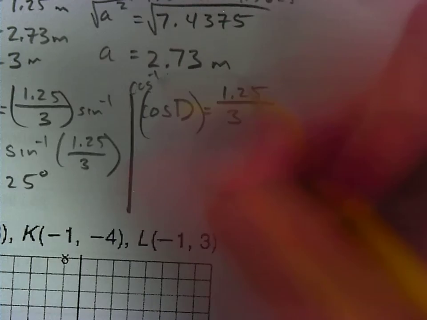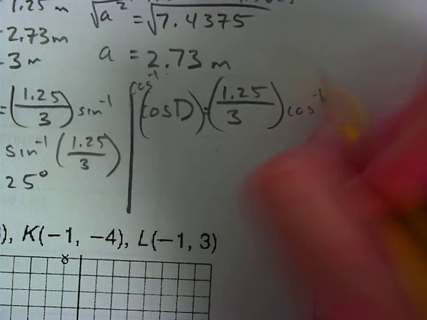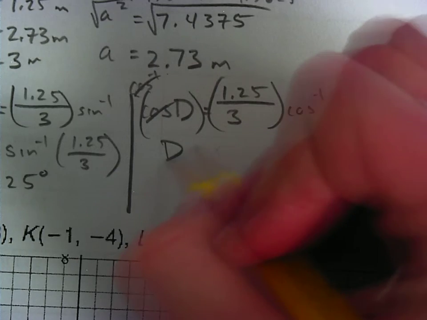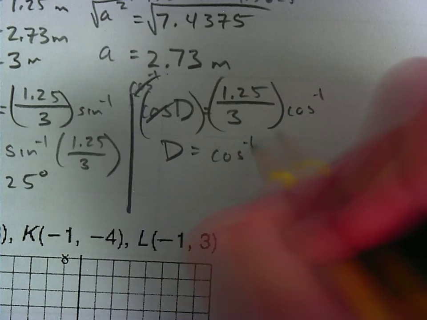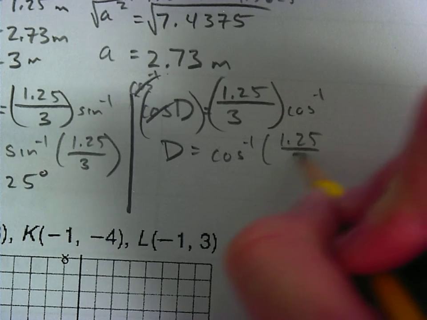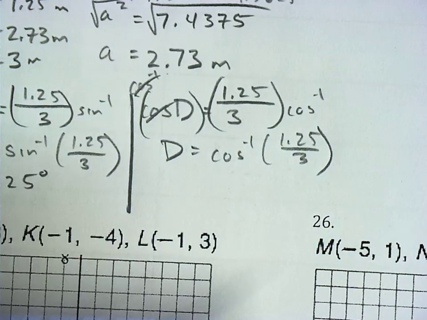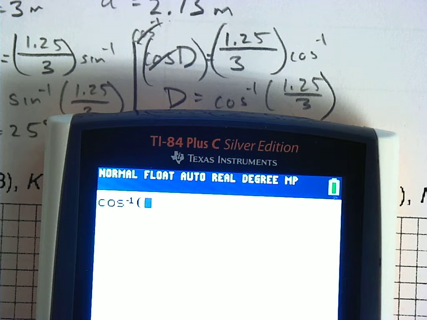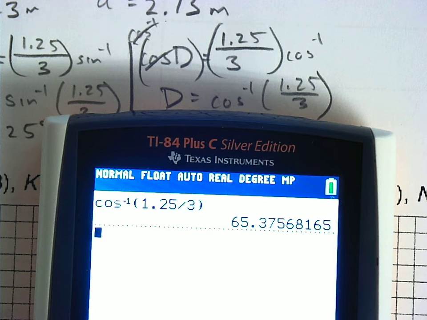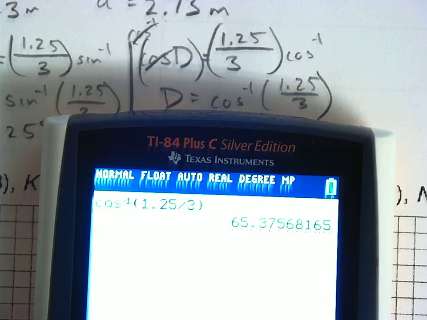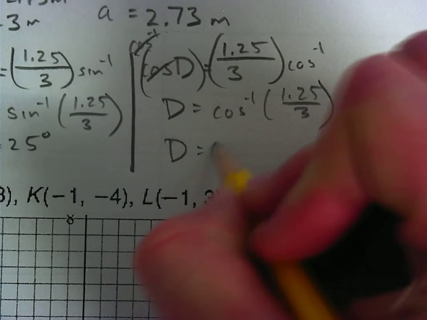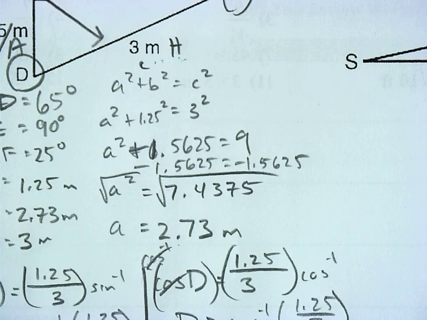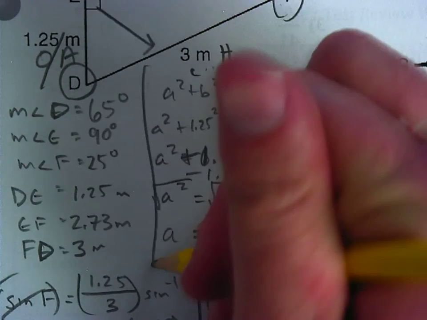And since we're finding an angle, we're going to do the inverse. So the inverse cosine of 1.25 over 3. We put that into our calculator as well. So second cosine of 1.25 divided by 3 equals 65.3, which rounds to 65 degrees. Perfect, and that's our answer.